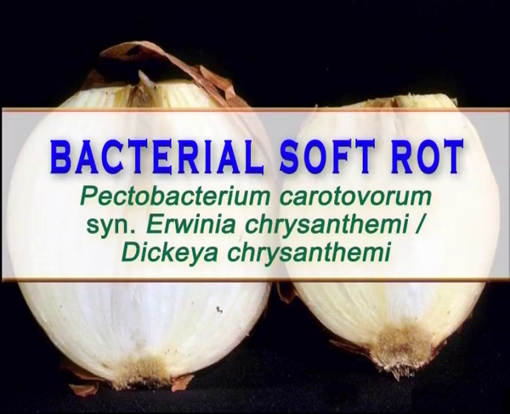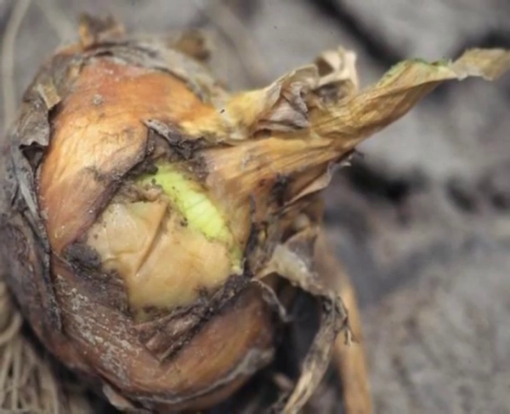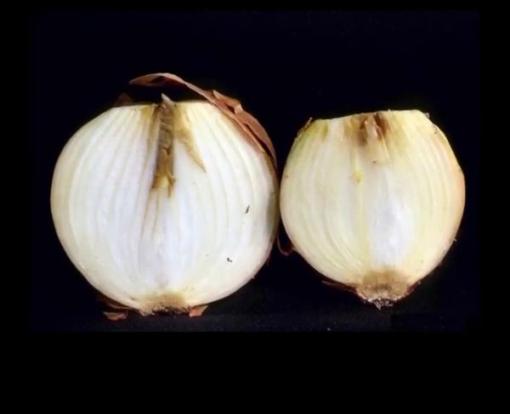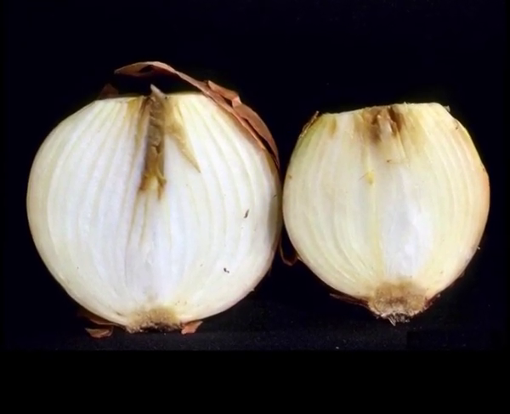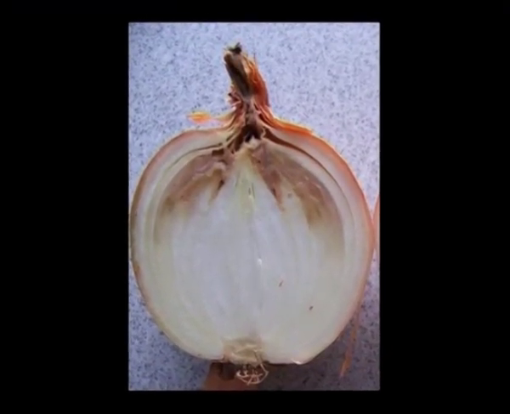First is the bacterial soft rot. It is caused by Pectobacterium carotovorum. Synonyms are Erwinia chrysanthemi or Dickeya chrysanthemi. Bacterial soft rot is a major post-harvest disease of onion bulbs, and several types of bacteria are associated with post-harvest decay through secondary infection.